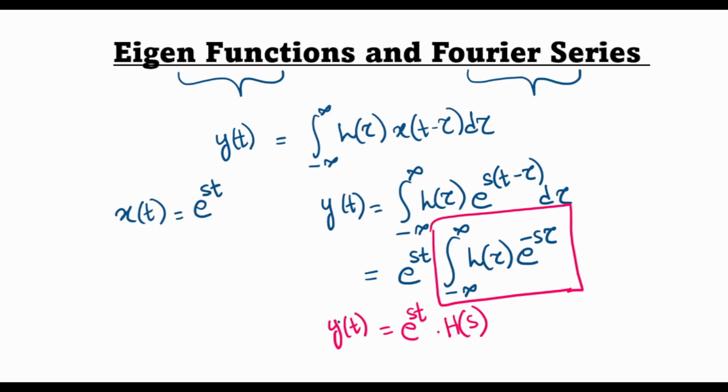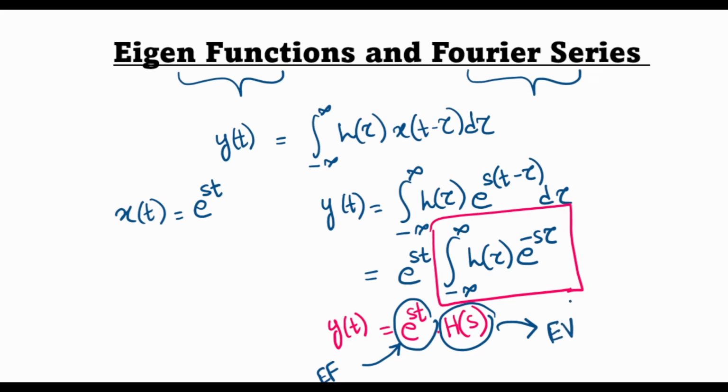Now we can arrive at a formal definition of eigenfunction. An eigenfunction is a signal for which the system output is a constant times the input, and this signal is known as the eigenfunction of the system, and the associated amplitude factor, h of s in this case, is known as the eigenvalue of the system.